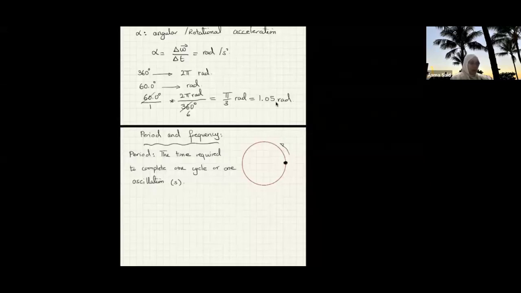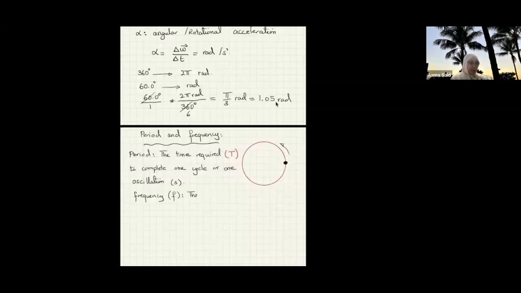The second one is what is called the frequency. By the way, for period we use capital T. This T is not tension, it is period. And for frequency we use lowercase f.